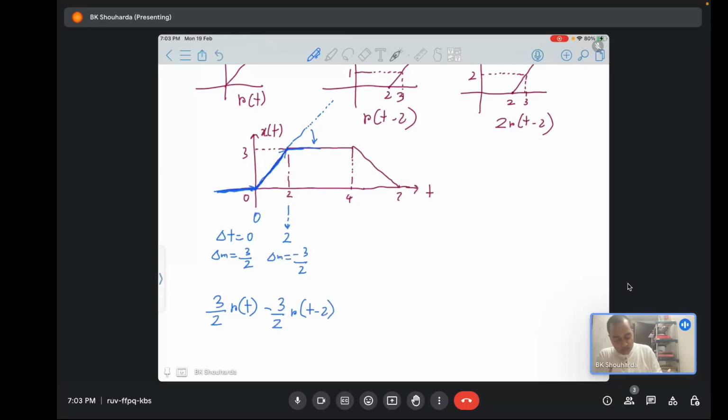I stop over here and I continue. Then I go on and I reach another change point. Where is the change point? 4. What was the slope initially? 0. What is the new slope?